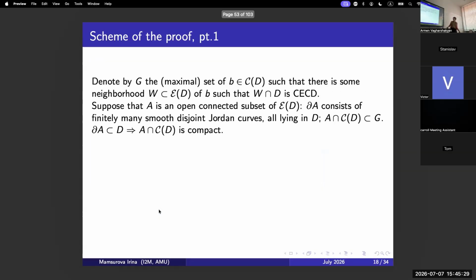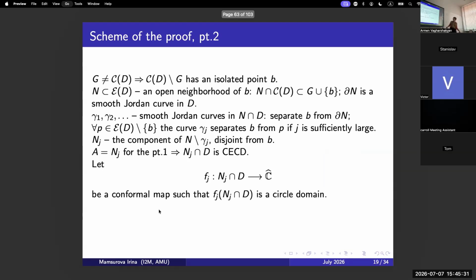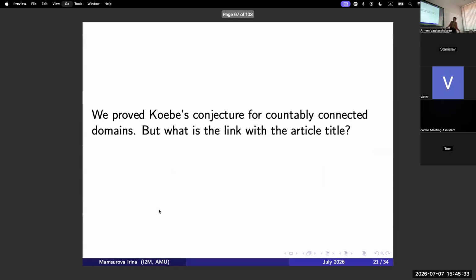Okay, now I will skip the demonstration, and I will just say a few words about the proof of Koebe's theorem in this extended setting. The article actually is called Transboundary extremal length, and we didn't talk about extremal length at all.